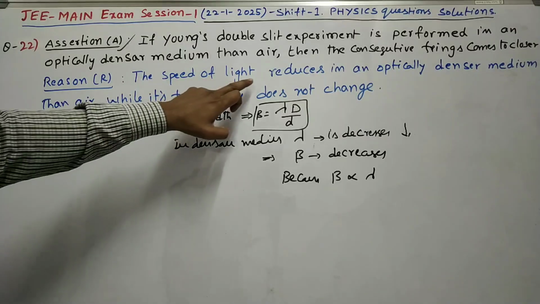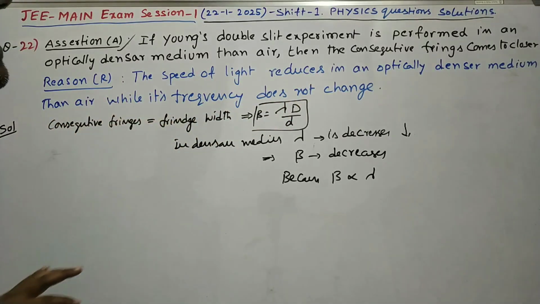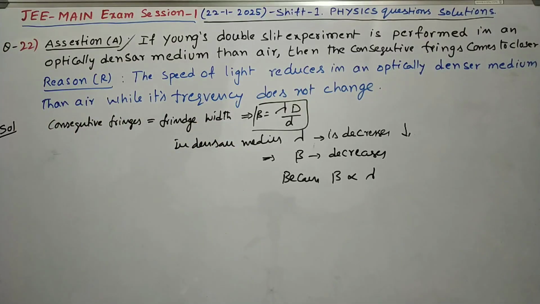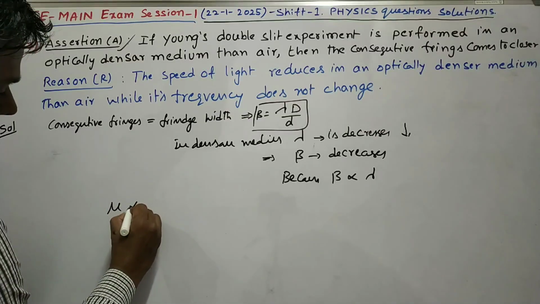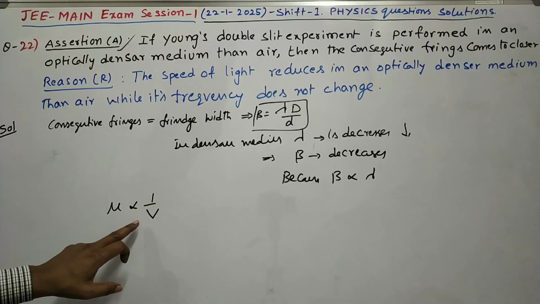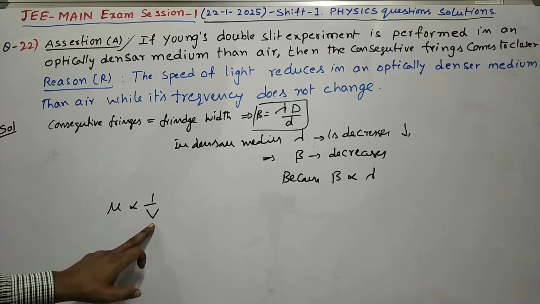What is that? The speed of light reduces in an optically denser medium than air while the frequency does not change. Why? You know, the refractive index of a medium is always inversely proportional to the speed of light in that medium. More refractive index means a denser medium, so more the refractive index, less the speed.